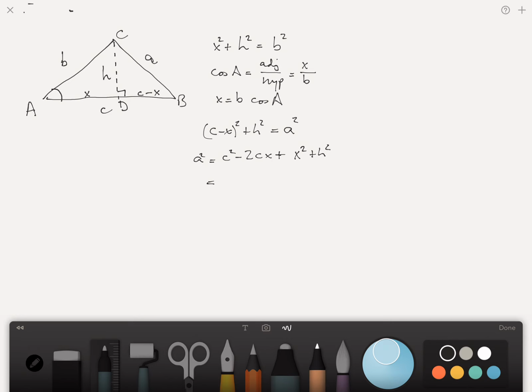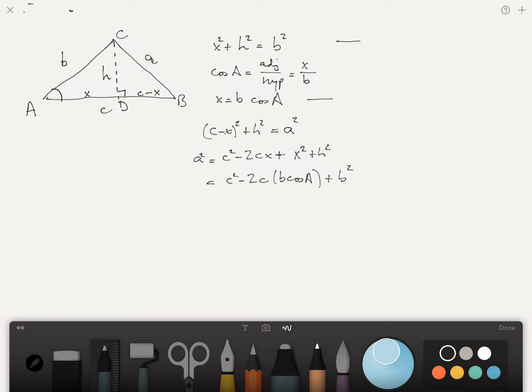So that's the same thing as c squared minus 2c times x, and we know what x is in terms of the sides of the triangle. That's b cosine A. So minus 2cx, and then x squared plus h squared. x squared plus h squared is b squared.